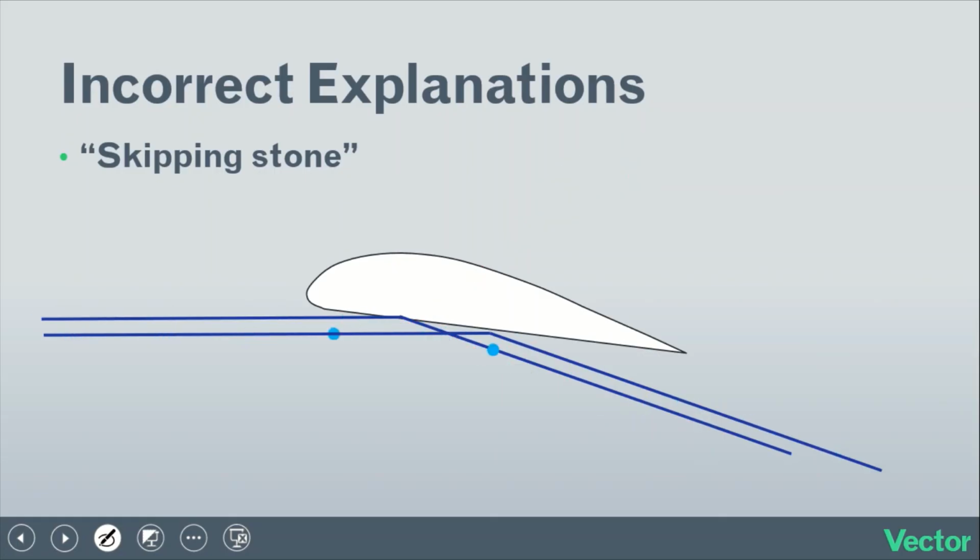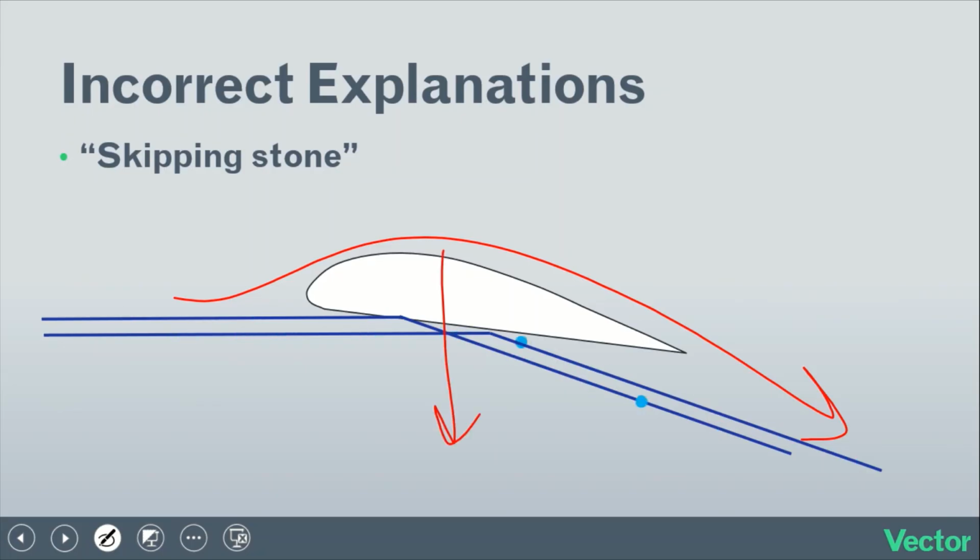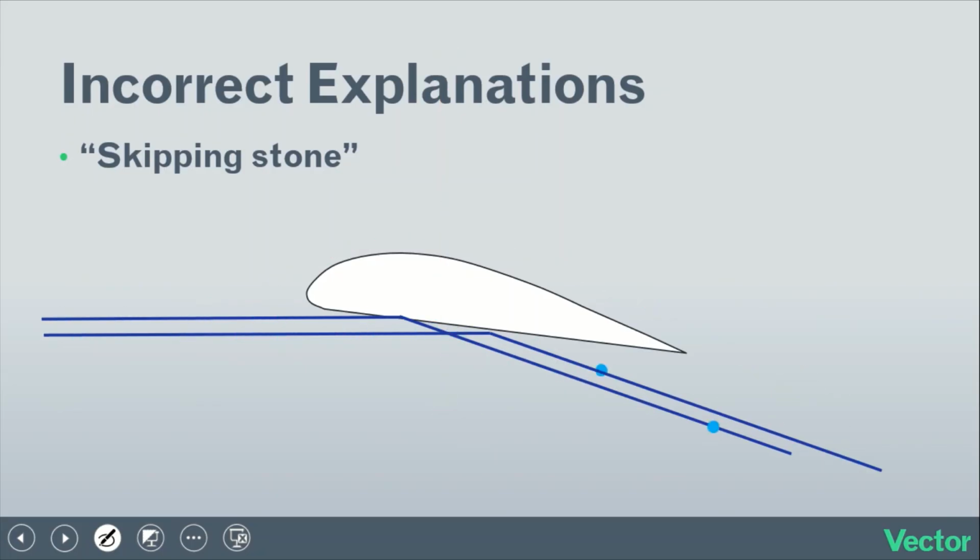And that's not how a fluid behaves. Remember, we said that a fluid flows together as a whole. So the air particles are not ricocheting off the bottom. They're being directed downward, and that downward direction has an equal and opposite upward reaction.